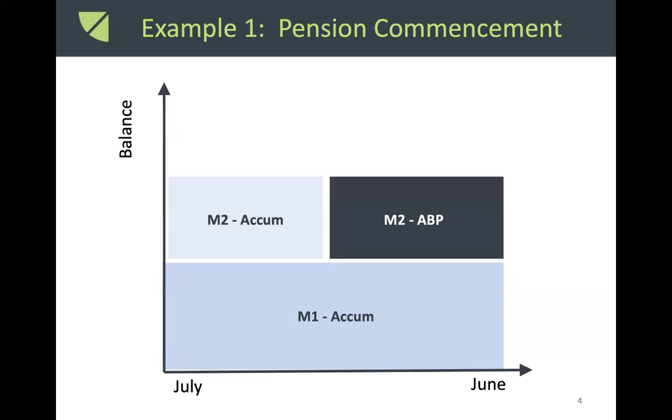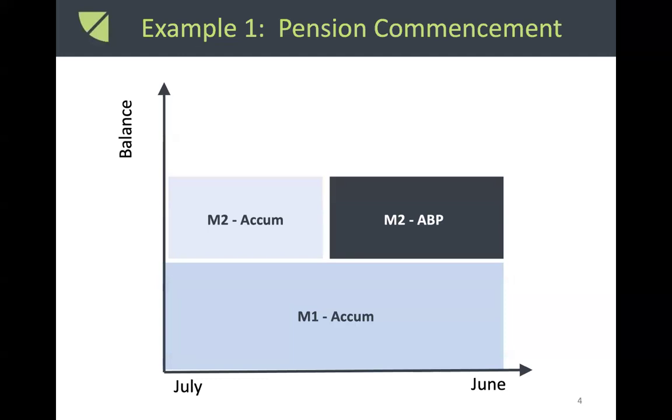So the member has decided to start this pension, and the question is, when is the best time of year in order to maximise ECPI? When should this member, M2, be starting the pension? I think you'll all know the answer to this question, and this is really just designed to warm you up.